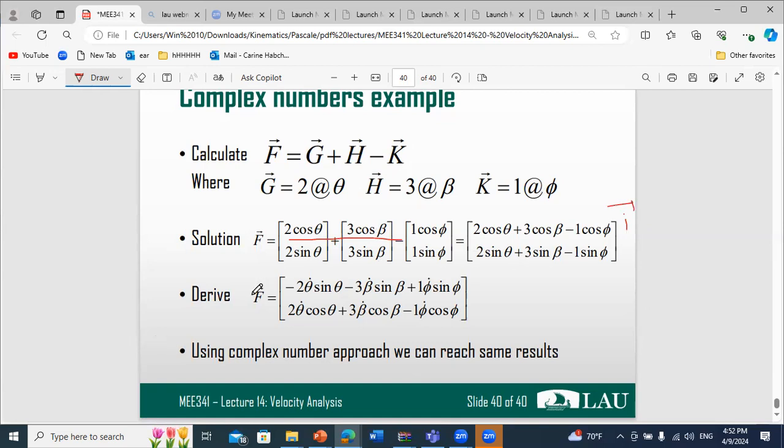So if you want f dot, you just derive the component along i to get f dot in i, and derive the component along j to get f dot in j. But the complex number form is also applicable, and both methods will give you exactly the same result.